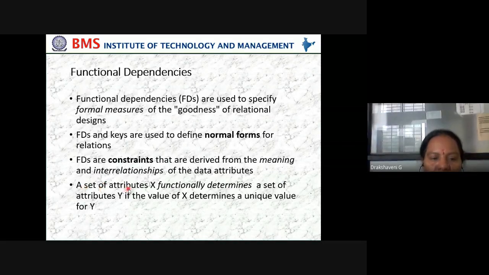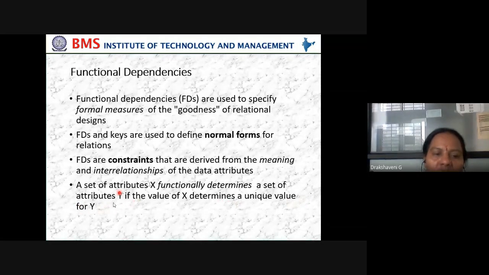A set of attributes X functionally determines a set of attributes Y if the value of X determines a unique value for Y.